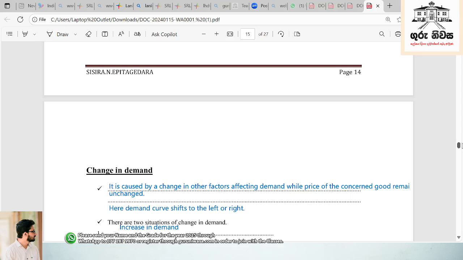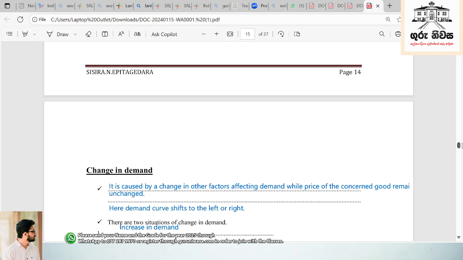Market demand means the sum of all individual buyers in the market. The next very important topic is change in quantity demanded and change in demand. Change in quantity demanded is caused by change in price of the concerned good, while other factors remain constant.